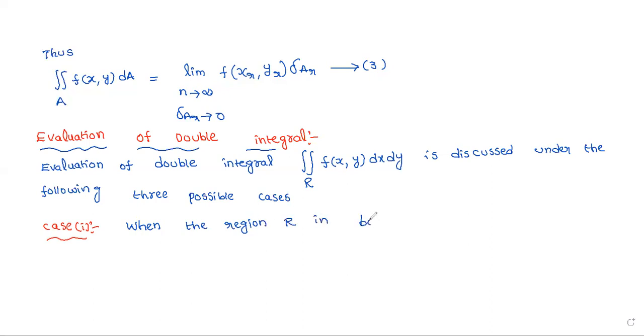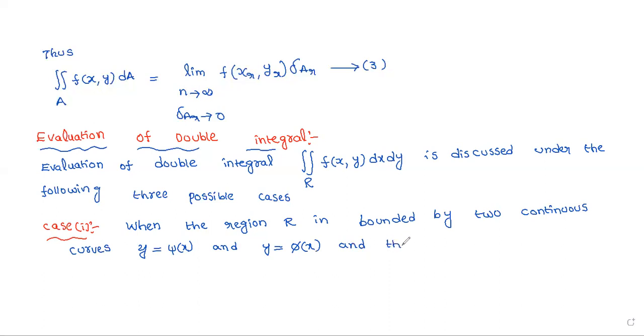is bounded by two continuous curves, y equal to psi of x and y equal to pi of x, and the limits, meaning x coordinates or y coordinates, x equal to a and x equal to b.